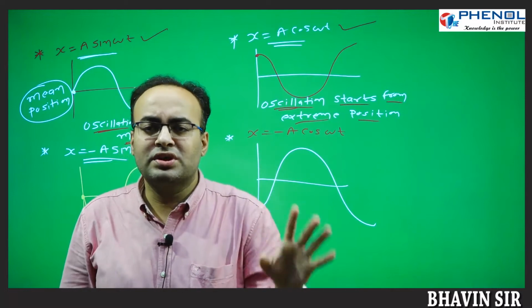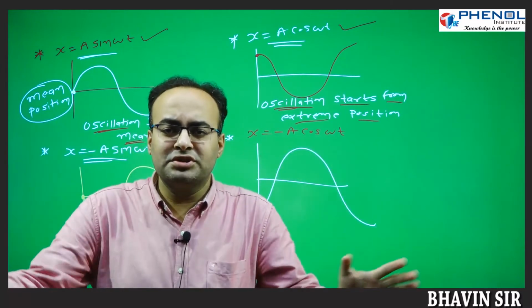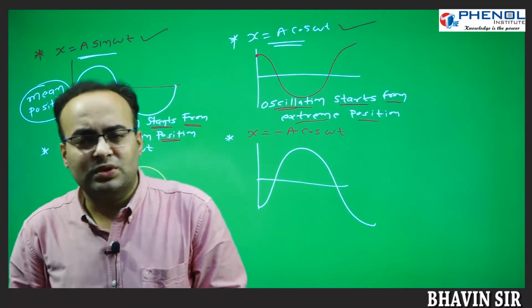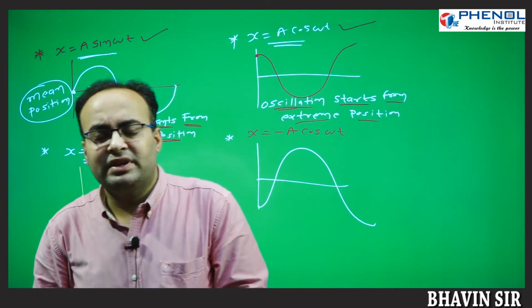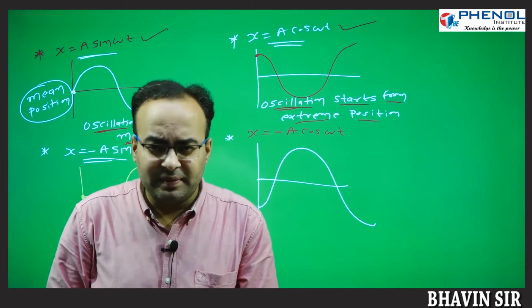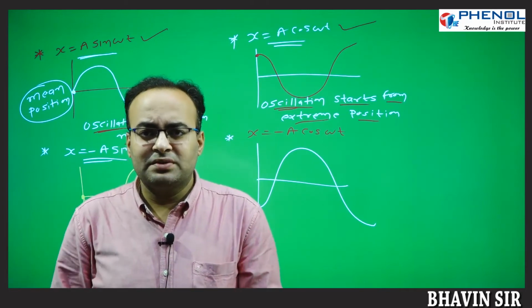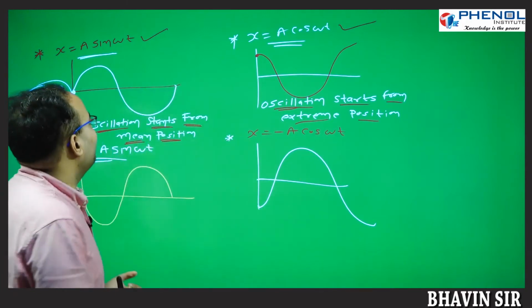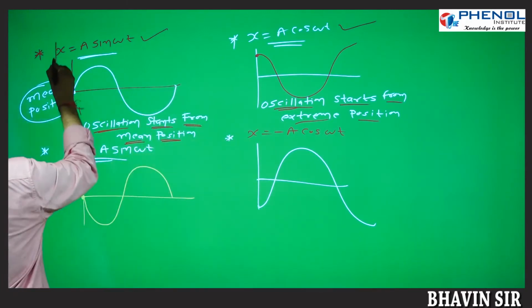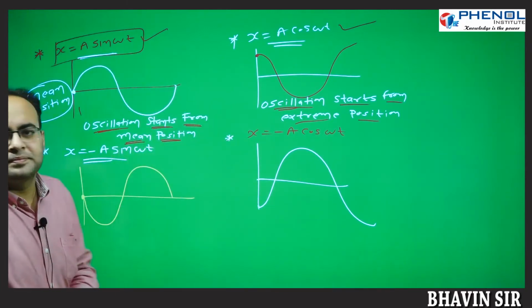If they only say oscillation starts from the extreme position, then we take x equals a cos omega t. Oscillation starts from the mean position, then we take x equals a sin omega t. And in all of these, derivation will come now, velocity of SHO, acceleration of SHO. So in that case, students, we take x equals a sin omega t.